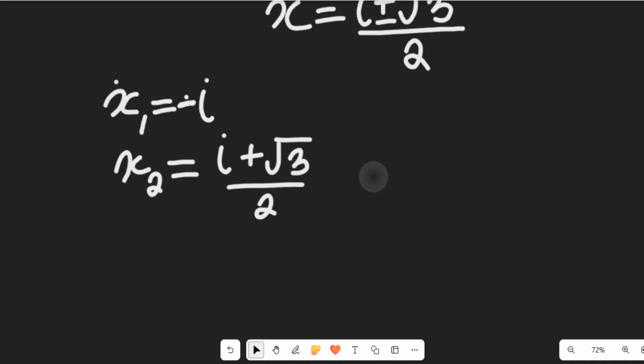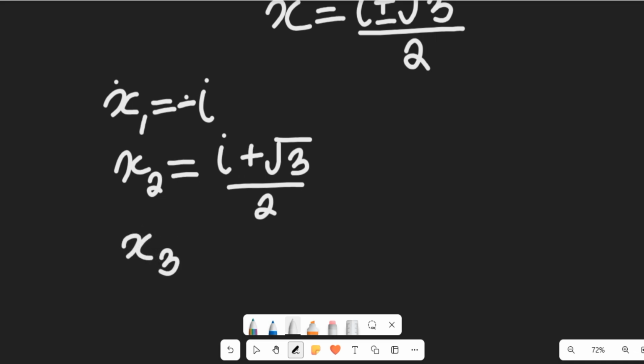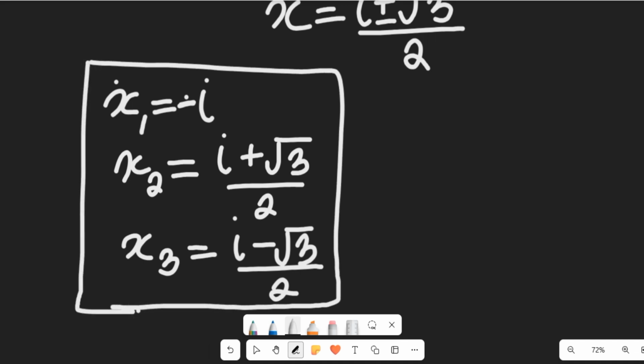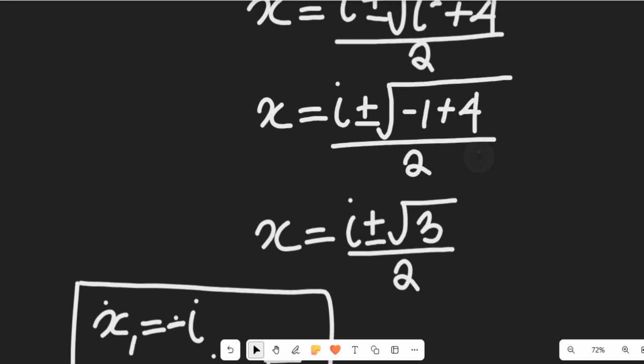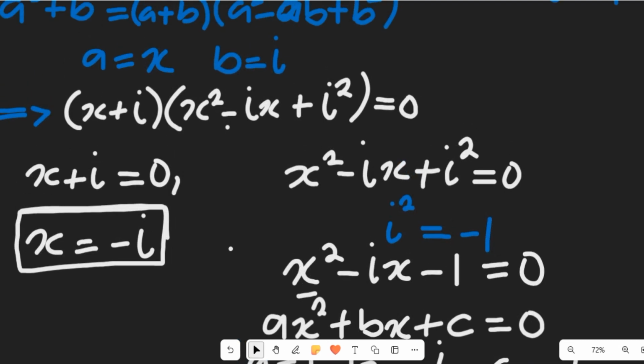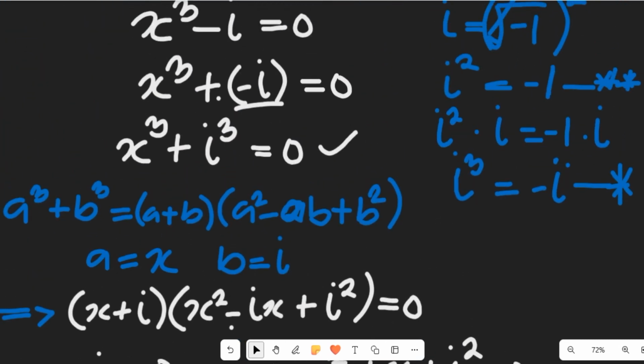And if you check it well, you will see that x3, the third solution, will be equal to i minus the square root of 3, and all of this will be divided by 2. So all these are the solutions of x that satisfy that expression that they gave us. Remember, they said we should find all the values of x. So if you check very well, you will see that all of the values of x are inside there. And so we get 3 values for x.